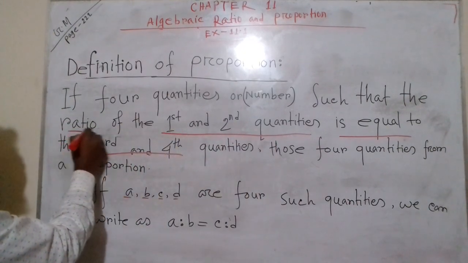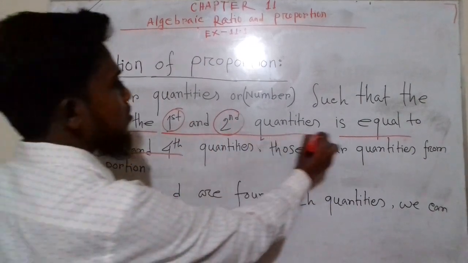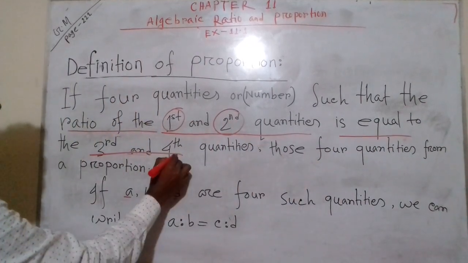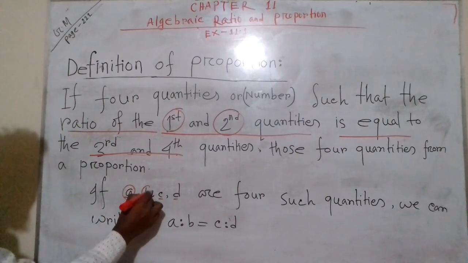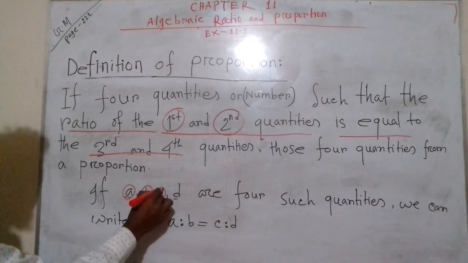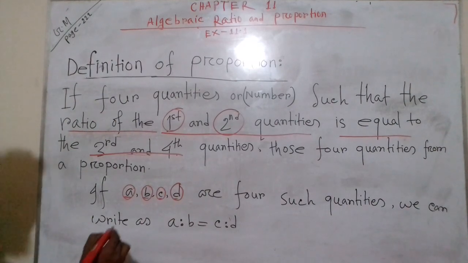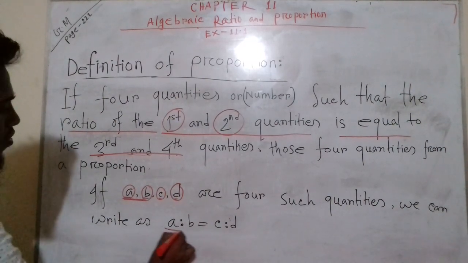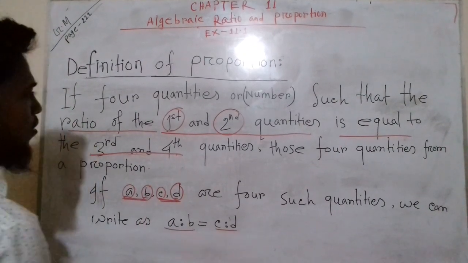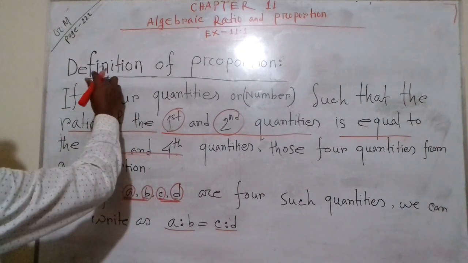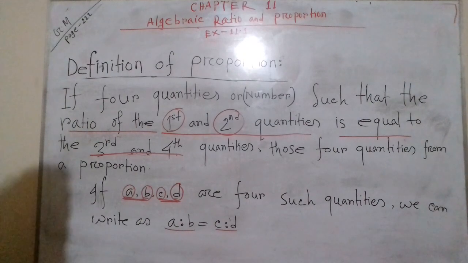So the ratio of the first and second is equal to the ratio of the third and fourth, making a proportion.